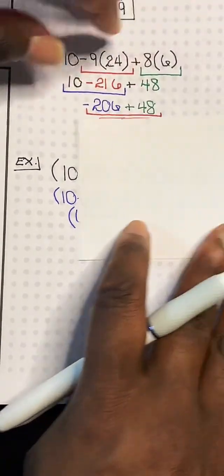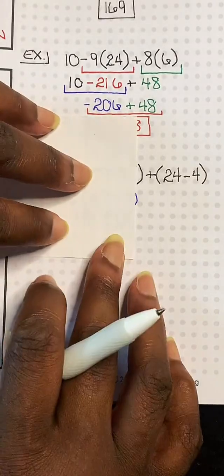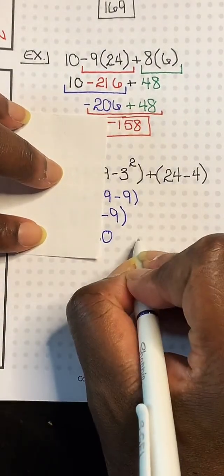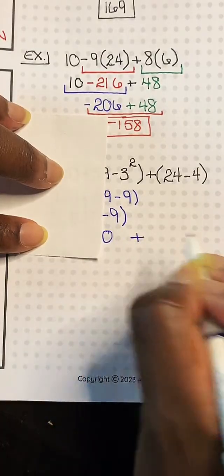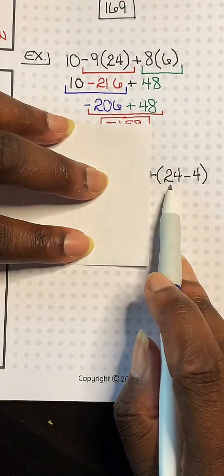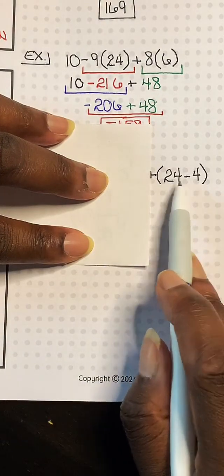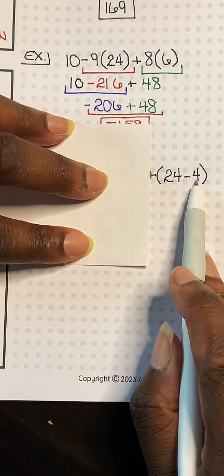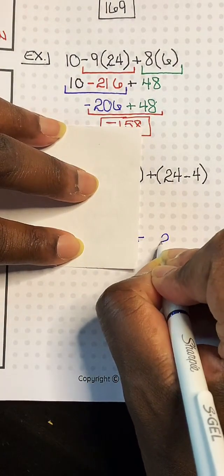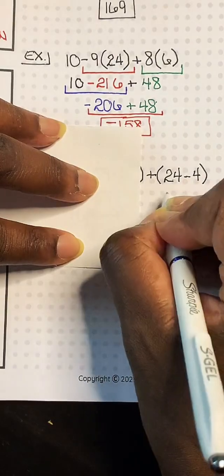Now, sliding over. We have our plus sign in between. That plus sign is going to be dropped, and I'm going to drop it right here. So now this parenthesis. 24 minus 4. I have $24. I spent 4. That means I have $20. And I'm going to bring that down here.